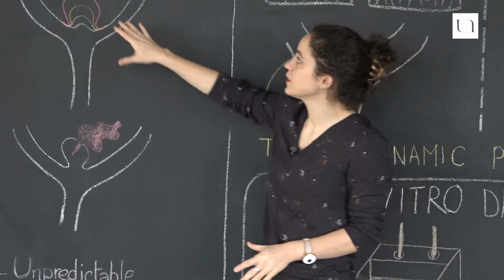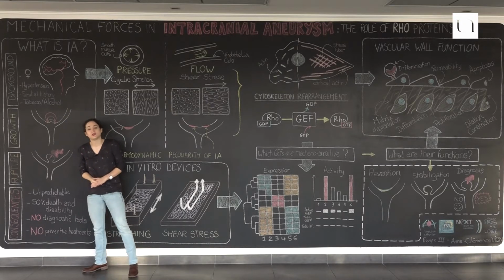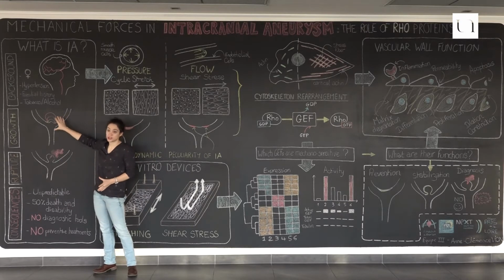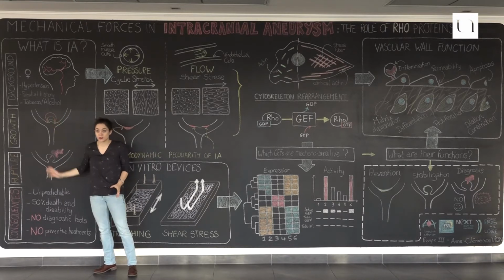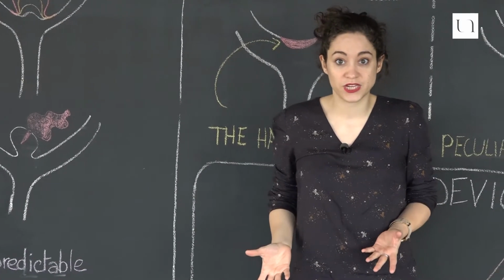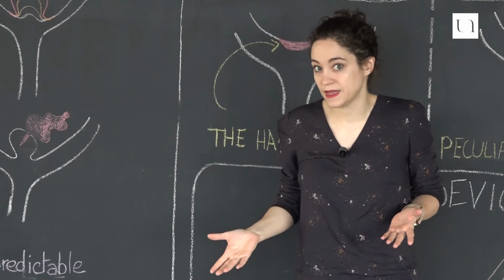And there is also a second form, the familial form of intracranial aneurysm, that is usually associated with specific mutations. What is dangerous is not so much the intracranial aneurysm per se, but rather its rupture that leads to intracranial hemorrhage that is fatal in 50% of cases.